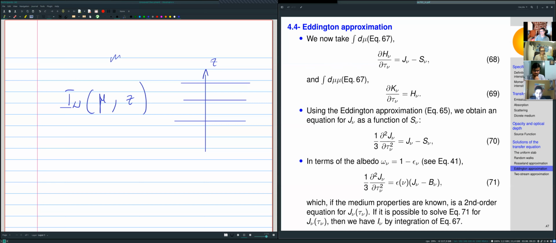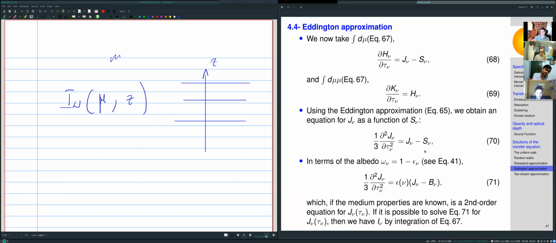So I have the second derivative of K here, but then I use the Eddington approximation to replace the K that would come on the left-hand side with J. And that's how I get 1/3 second derivative of J. So this is the result, and we have a single differential equation for the mean specific intensity. The mean intensity goes into the equation directly, but it's also in S.